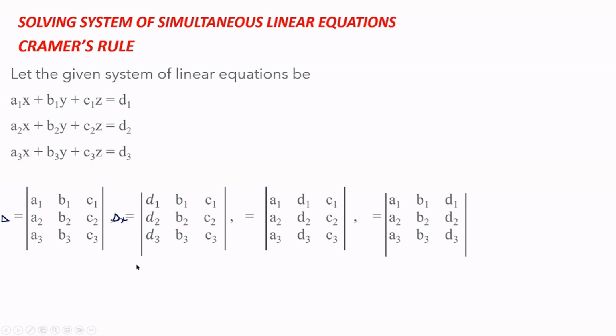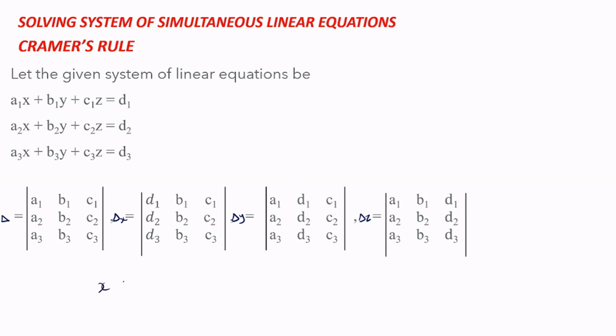Next we have delta y as the determinant of a1, a2, a3, d1, d2, d3, c1, c2, c3, where we remove the coefficients of y and replace them with the constant terms. Finally delta z is obtained by replacing the coefficients of z in delta with the constant terms. So this is delta z, the determinant of a1, a2, a3, b1, b2, b3, d1, d2, d3.